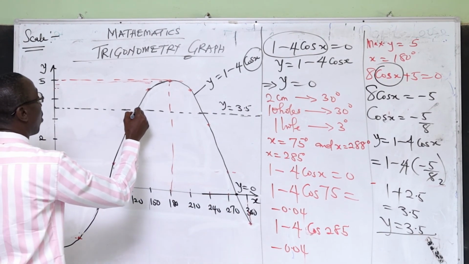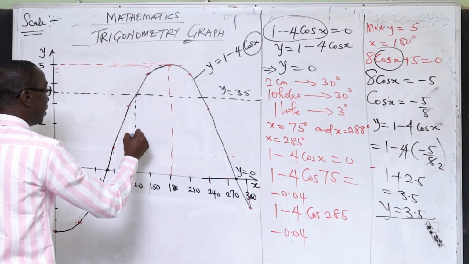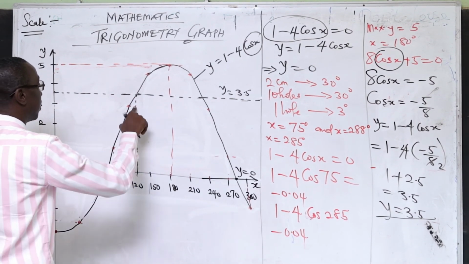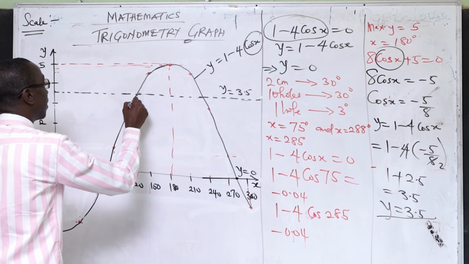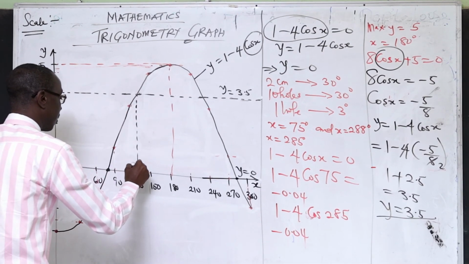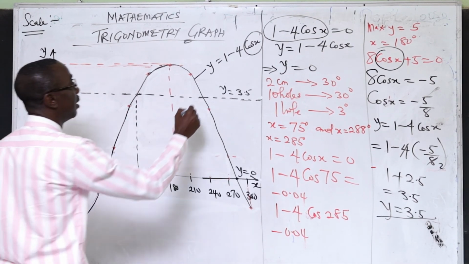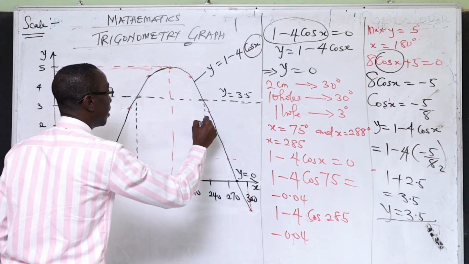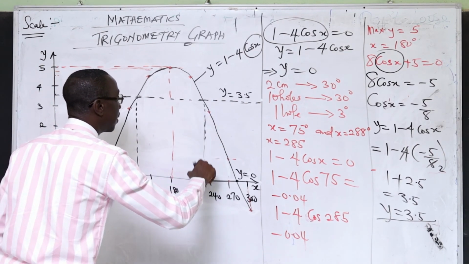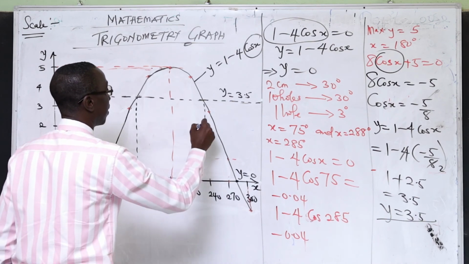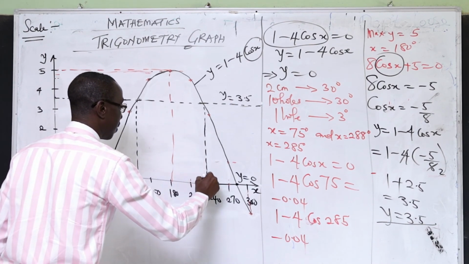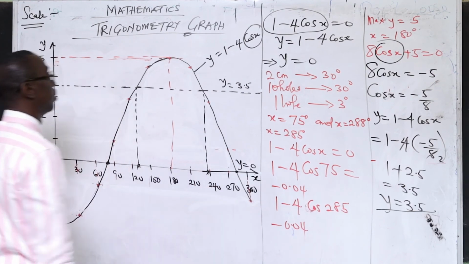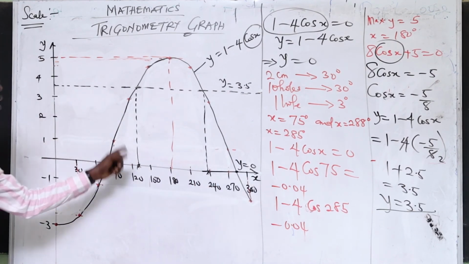Wherever it meets with the curve, trace it back to the x-axis. That's one. Wherever it meets with the curve, trace it back to the x-axis. Yes, that's 2.